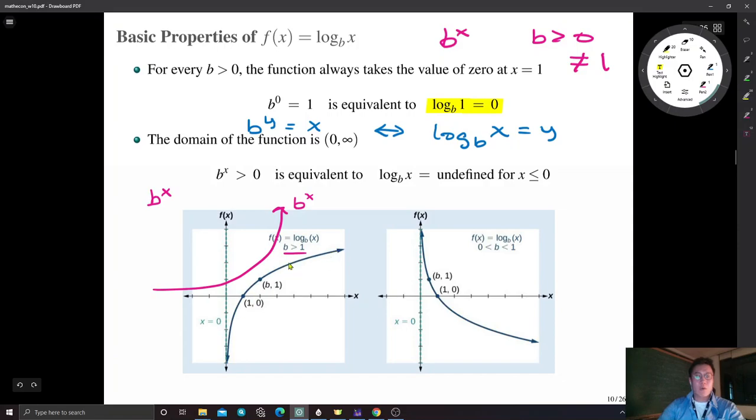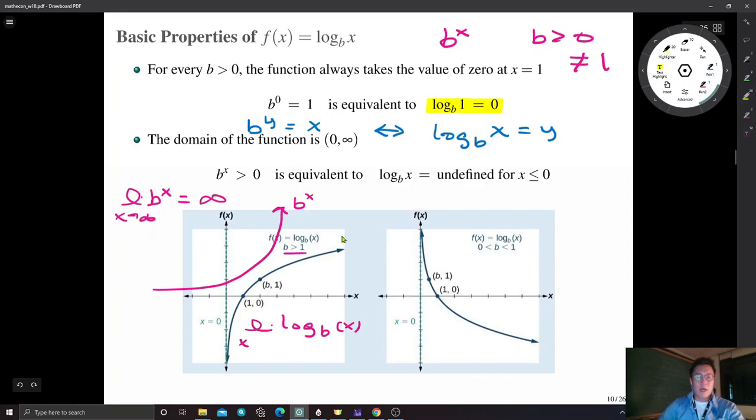So when the base is larger than 1, the logarithm is increasing. And remember, when x grows to infinity, b to the power x also grows to infinity.